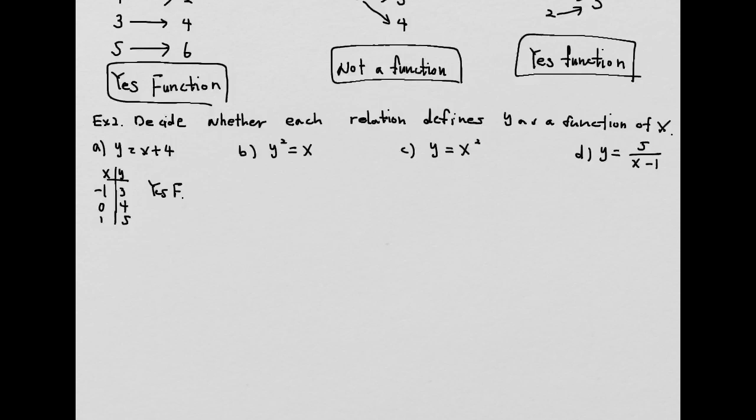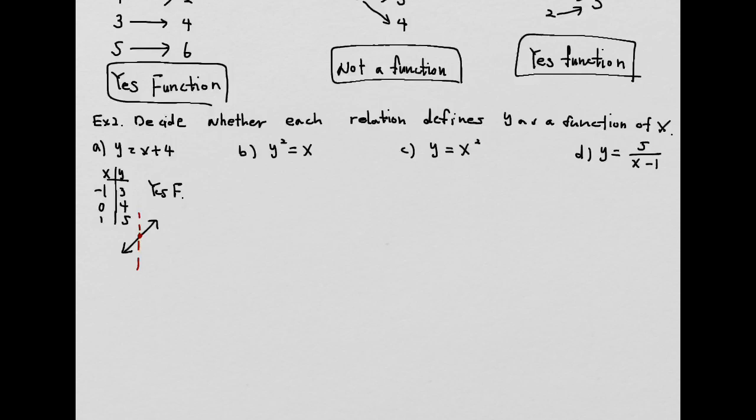We know the shape of the graph, so for a linear equation with positive slope, your graph will look like that. And if we draw a vertical line, and it meets only one point, then this is going to be a function.